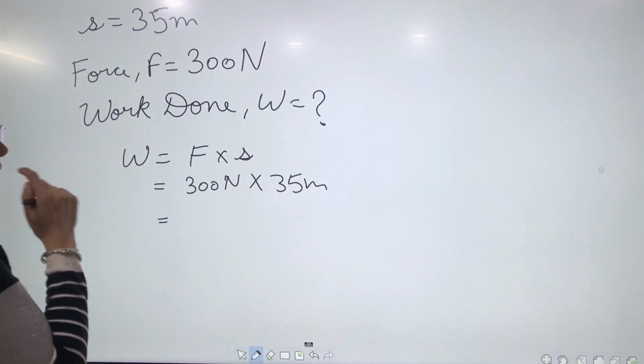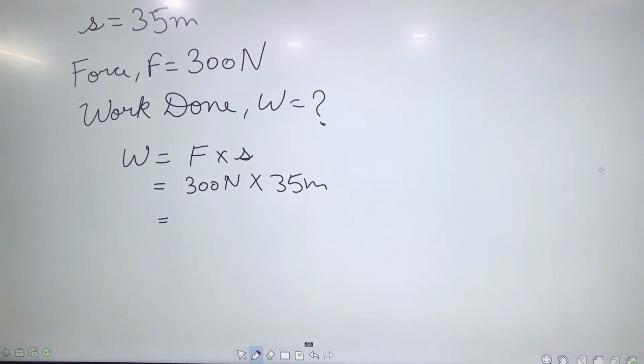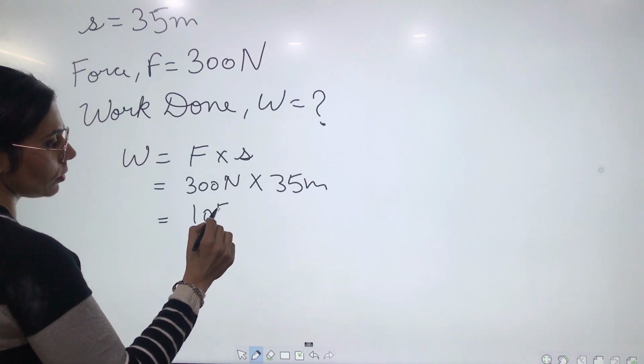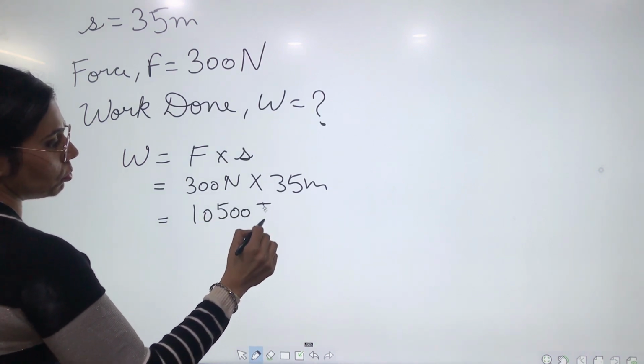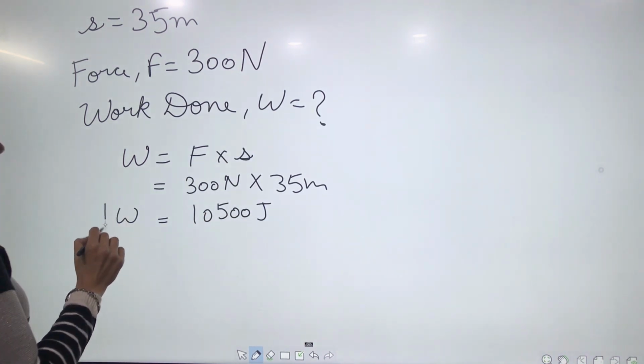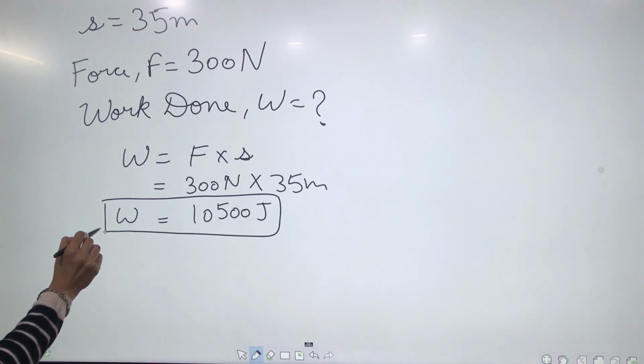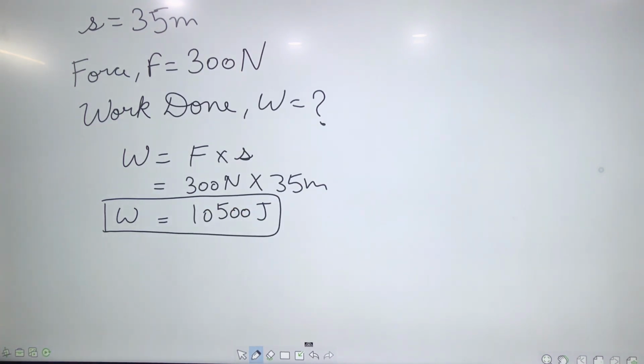So 35 into 3 will be 105, so the work done by the man when he displaced the cart by 35 meter by applying the force of 300 Newton is 10500 joules. Thank you.